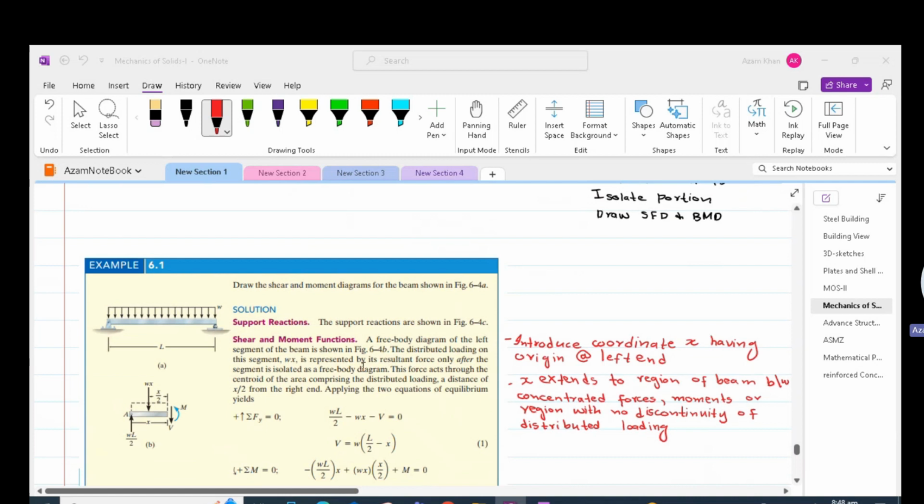Although we have said that we can take a section either to the left or right of the beam, it is better to be consistent and to set out one type of methodology and sign conventions. Thus, we would isolate a portion of the beam that is to the left of an arbitrary transverse section.